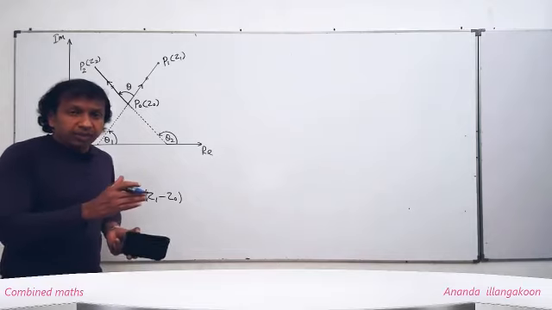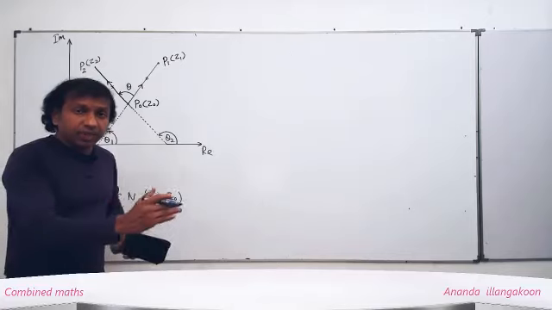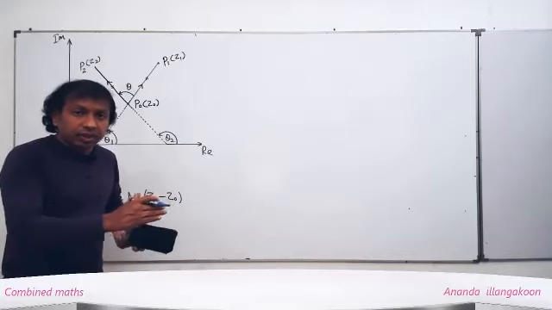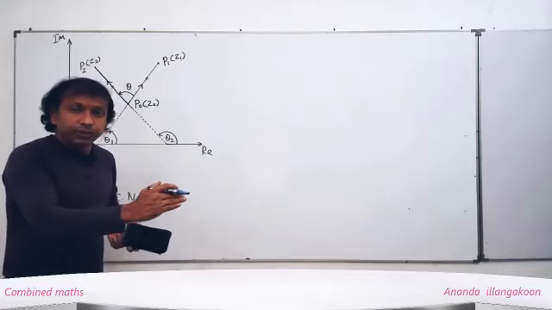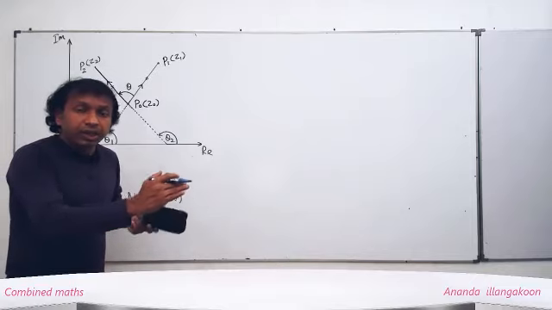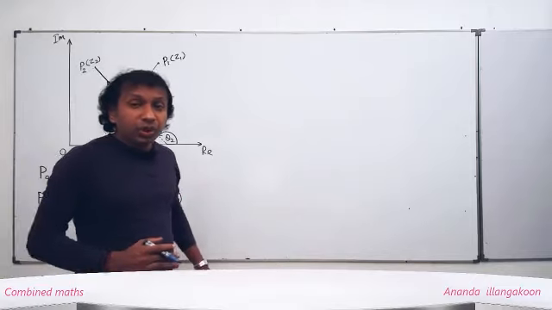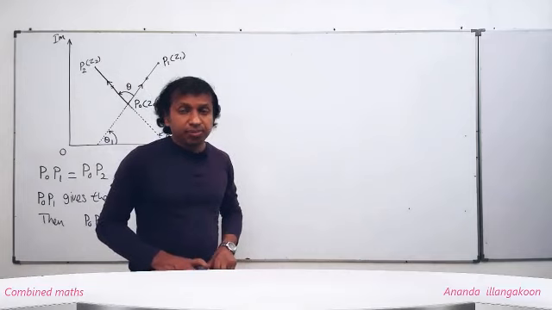Then you can write the P0P1 length. What is this? The line segment P0P1 gives the complex number Z1 minus Z0. When a line segment represents a complex number, the length of that line segment is equal to the modulus of that complex number. Correct?